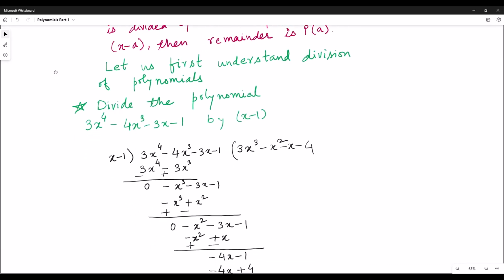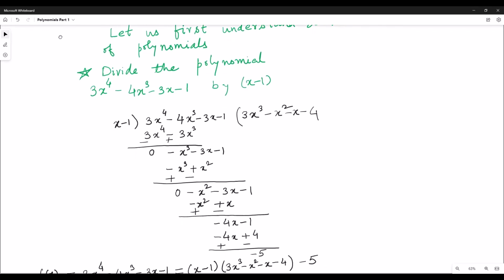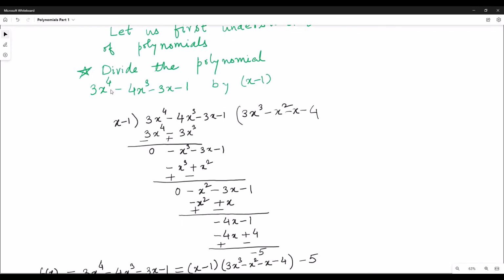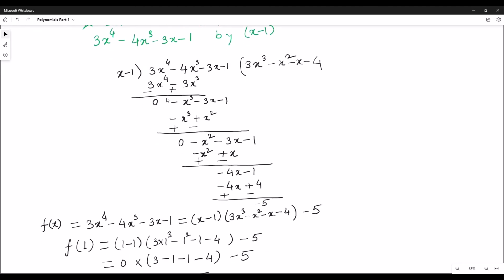So let us first understand division of polynomial. How we divide polynomial. So let us divide 3x to the power 4 minus 4x cube minus 3x minus 1 by x minus 1. So this is the process of division. To divide polynomial, what we do is we make the first, the highest degree term 0.